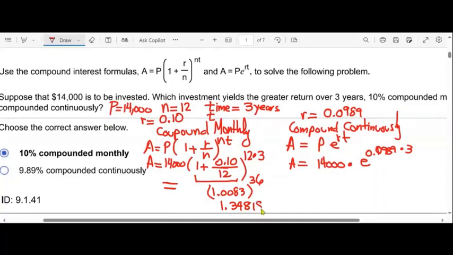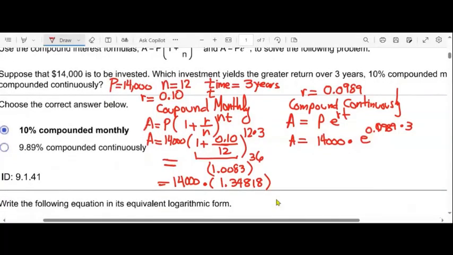That will give us about 1.348. Times the 14,000. How much will this give you? Now we'll see. 14,000 times 1.34818. That will give us 18,874.52.